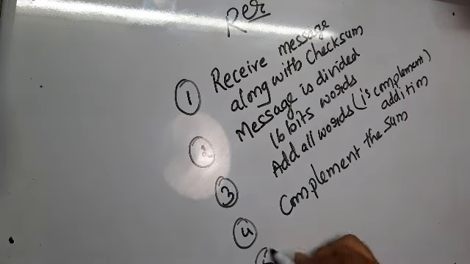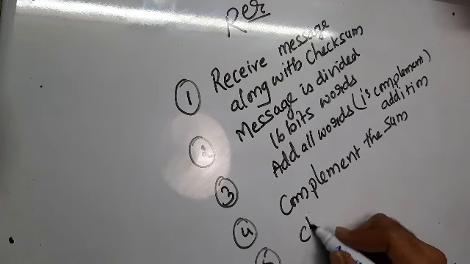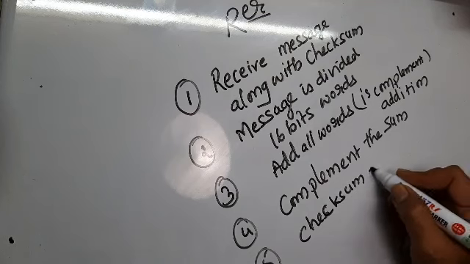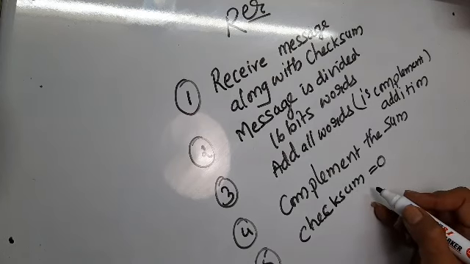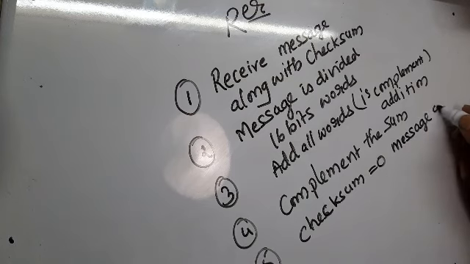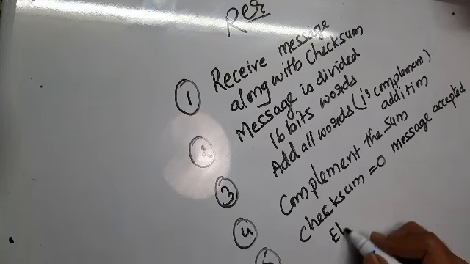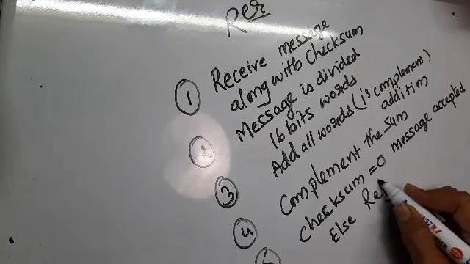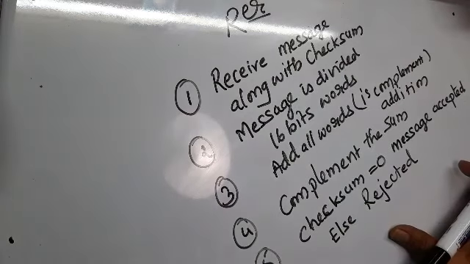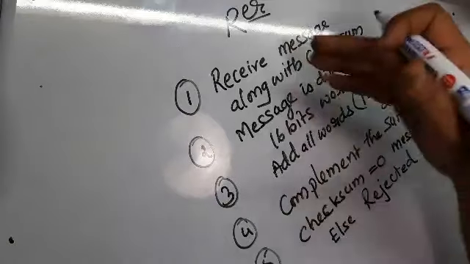The final step here is that if the value of the checksum is equal to 0, the message is accepted, else rejected. These are the steps that will happen at the receiving side.